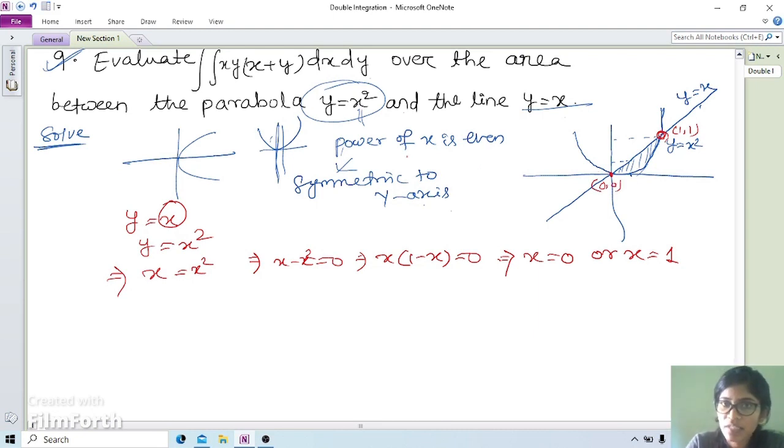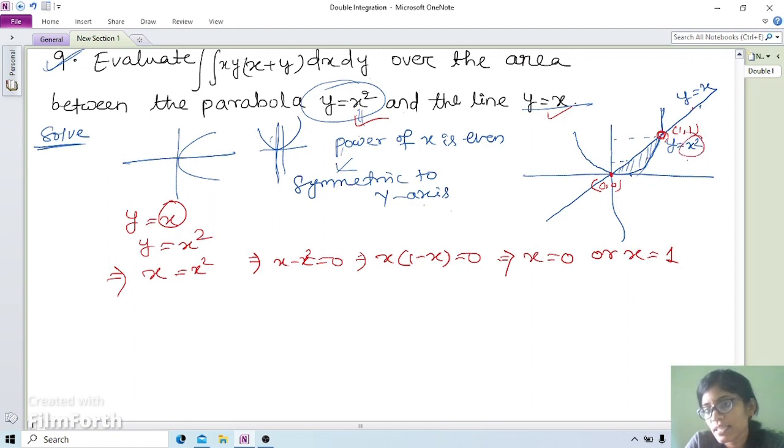Now, the question is what is the limit of y? One y is x square and another y is x. Listen, y equal to x is the upper curve and y equal to x square is the lower curve.